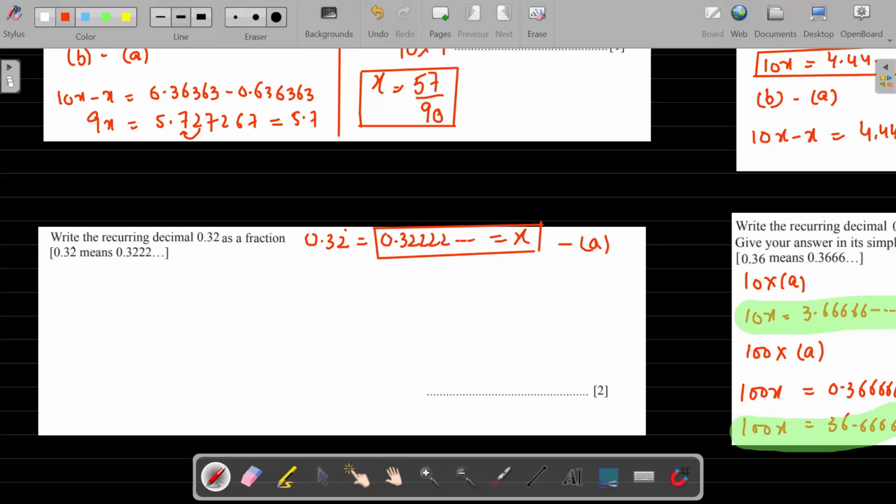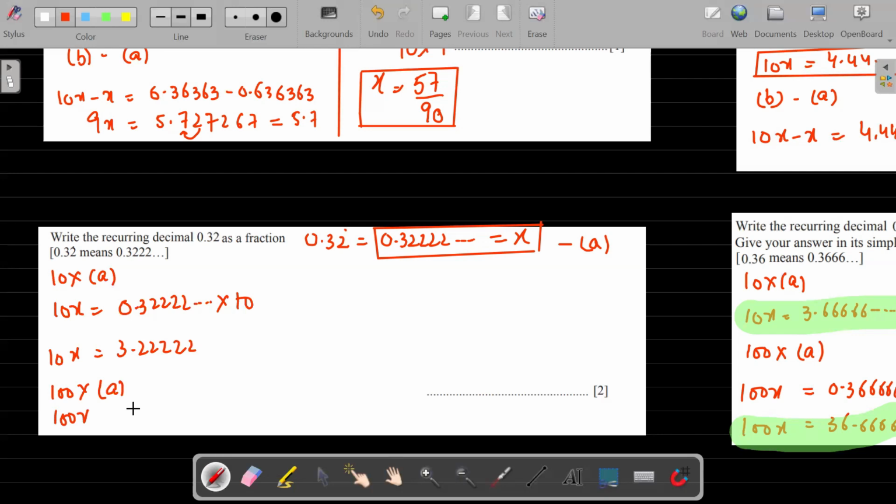So I'm going to multiply equation A by 10. I will get 10x equals 0.3222 and so on, times 10. This will be 3.2, and so on. Now I'm going to multiply equation A by 100.